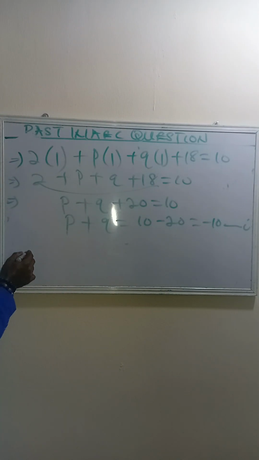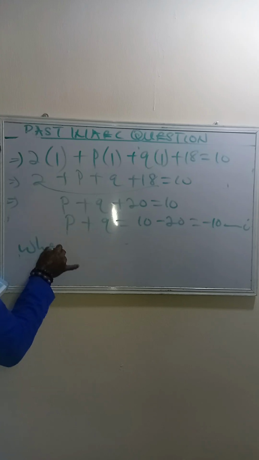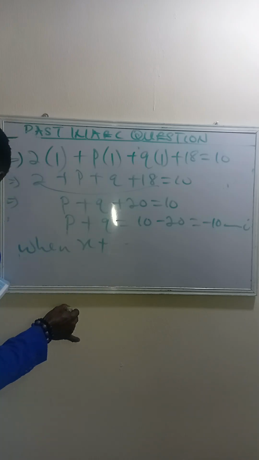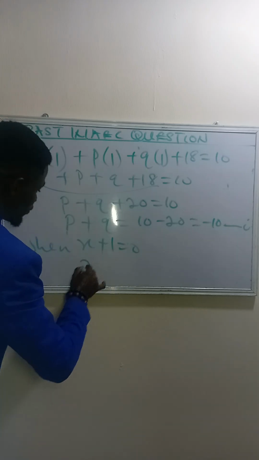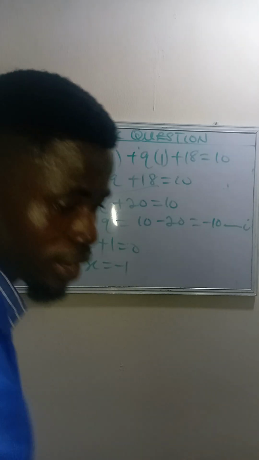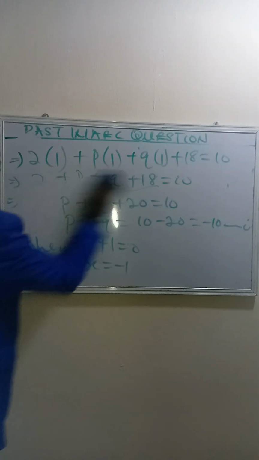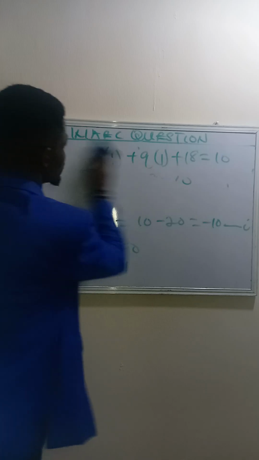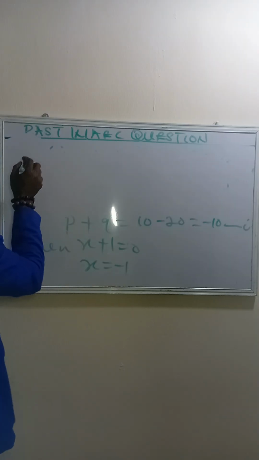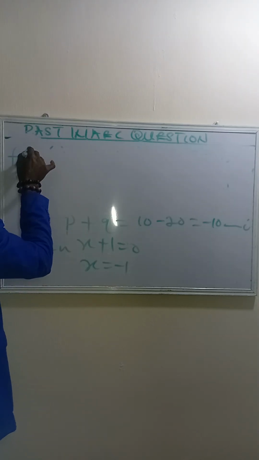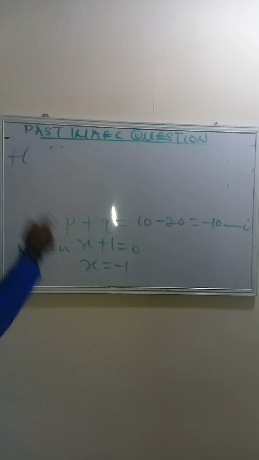Then the other one: when f of x is divided by x plus 1, when x plus 1 equals 0, then we have x to be minus 1. So wherever you see x, you put in minus 1.